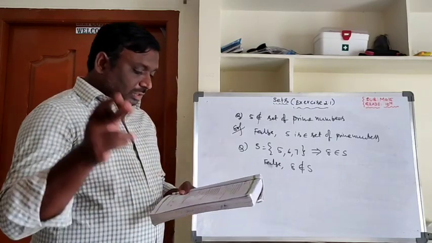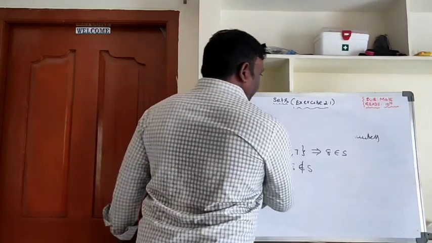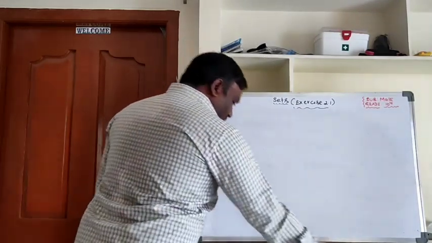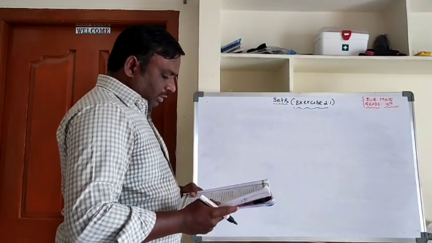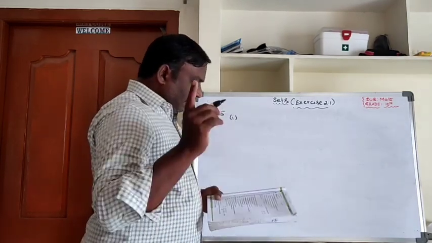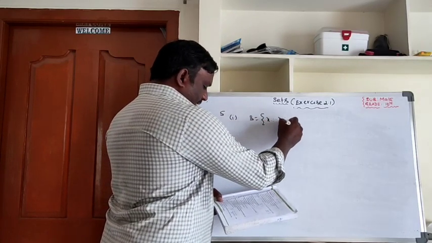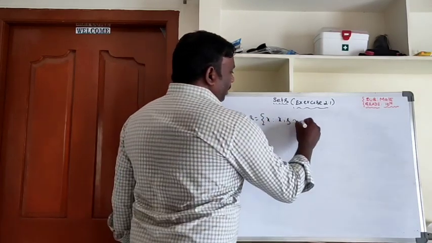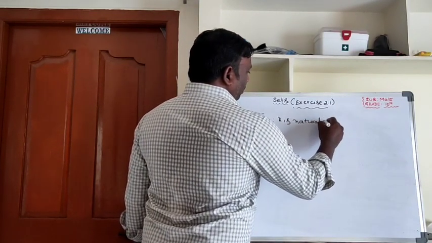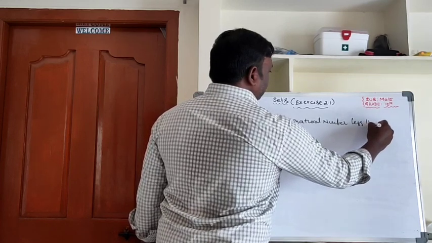Write the following sets in roster form. This one is important. How to write the roster form? First question: B is equal to the set of X such that X is a natural number less than 6.